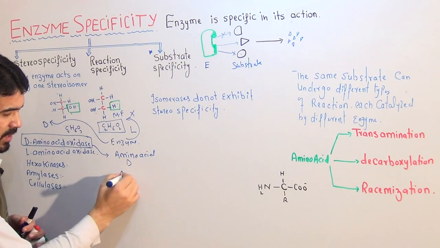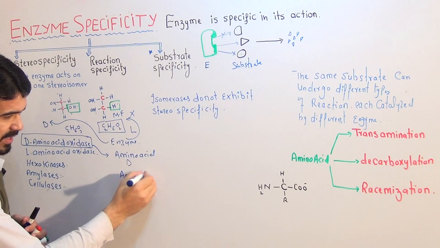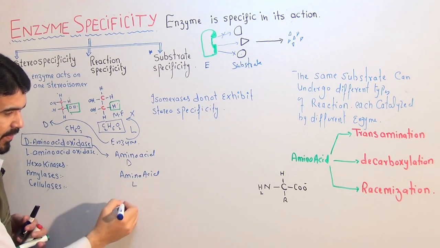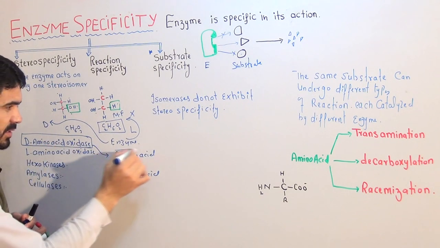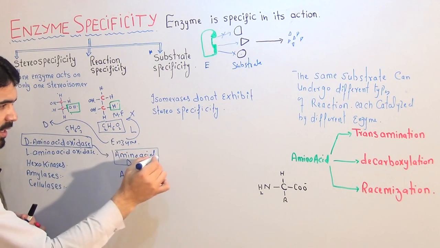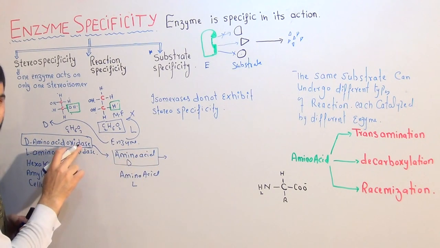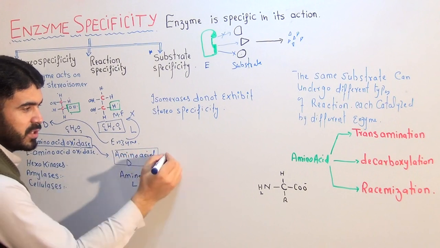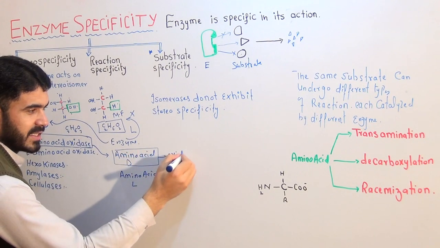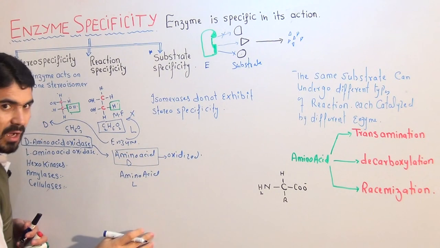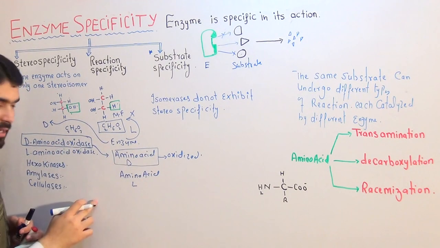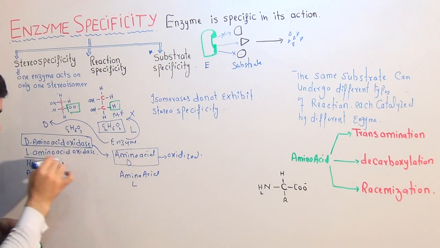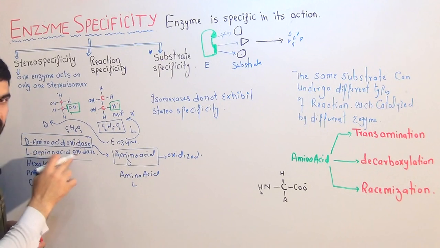So we have amino acid L. This enzyme will act only on D-amino acid. And of course, it is an oxidase, so this amino acid will be oxidized, of course, by this enzyme. Now we have another enzyme, L-amino acid oxidase.